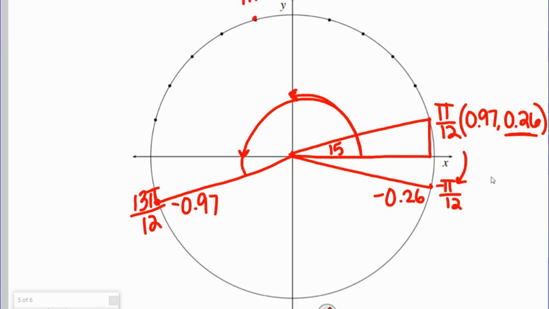Okay, so if I say the cosine of 7 pi over 12, that is going to be negative 0.26. If I want the sine of 7 pi over 12, that's going to be 0.97. Look what happened to those coordinates. They just kind of flip-flopped there, right? And you can look back at your unit circle and you can see some of those same patterns as you move from quadrant to quadrant.